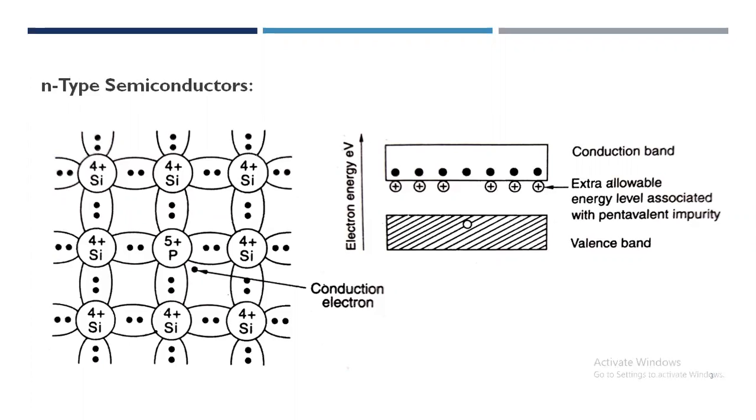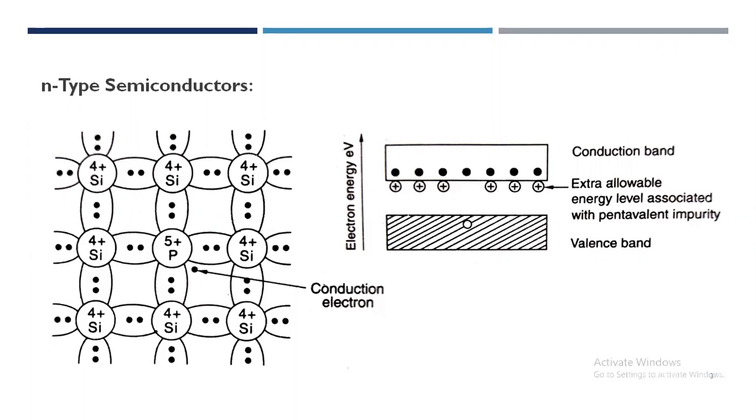Assume that a small amount of phosphorus as an impurity is added to silicon, such as one phosphorus impurity atom per million atoms of silicon.